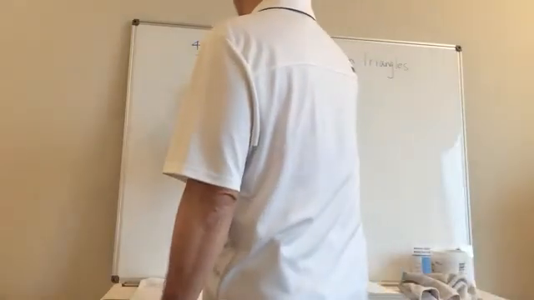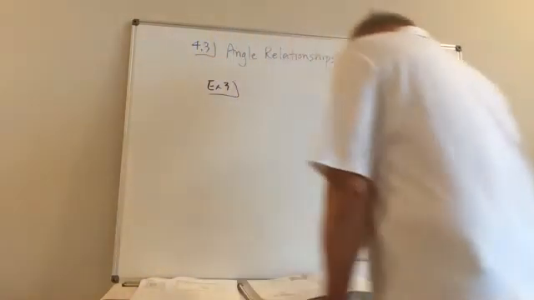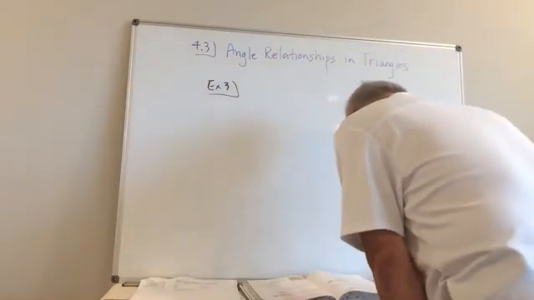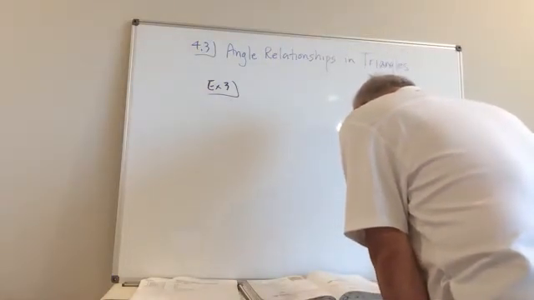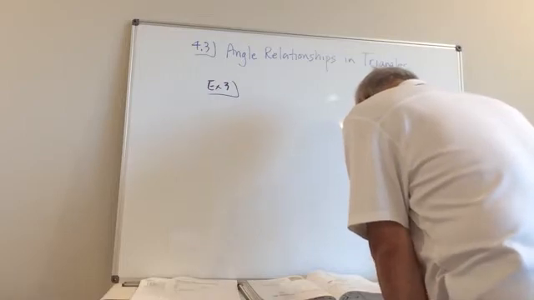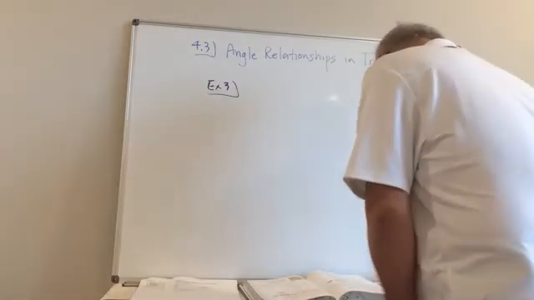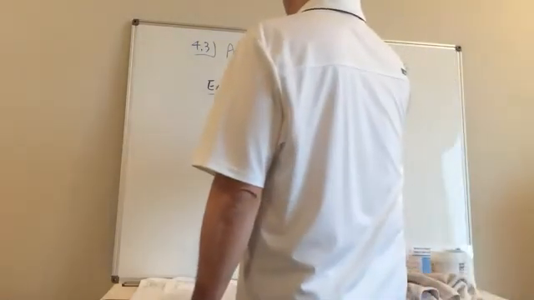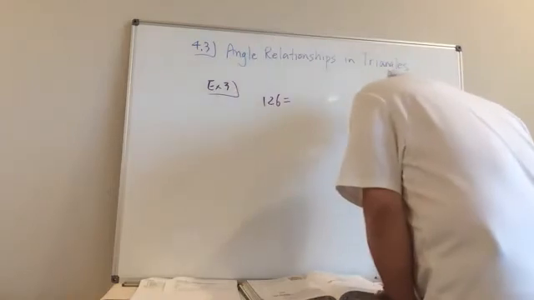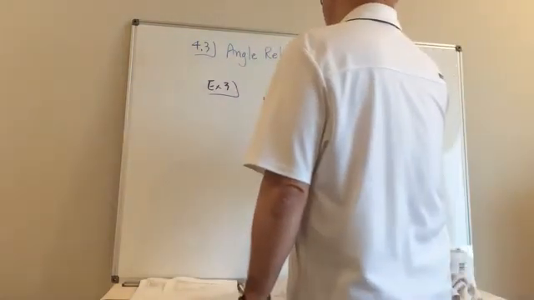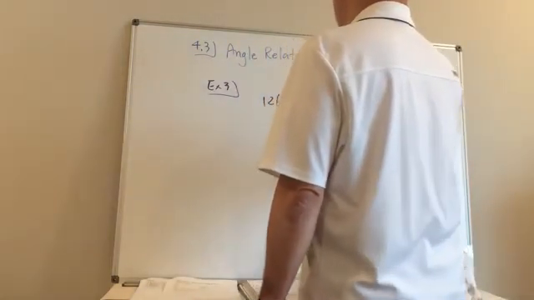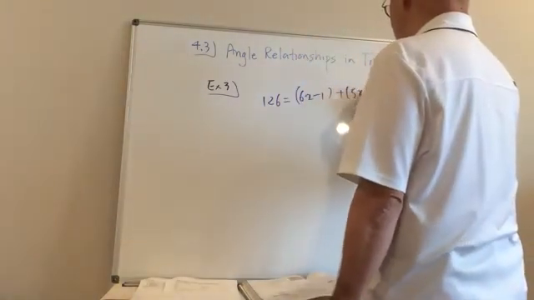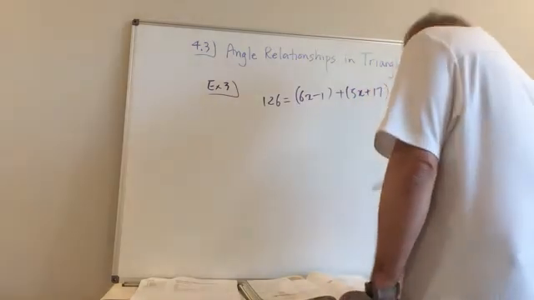Example number 3. Applying the exterior angle theorem, find angle J. You want to know what angle J is? I have two interior angles that add to an exterior angle of 126 there, right? So I have 126 is equal to 6x minus 1 plus 5x plus 17.